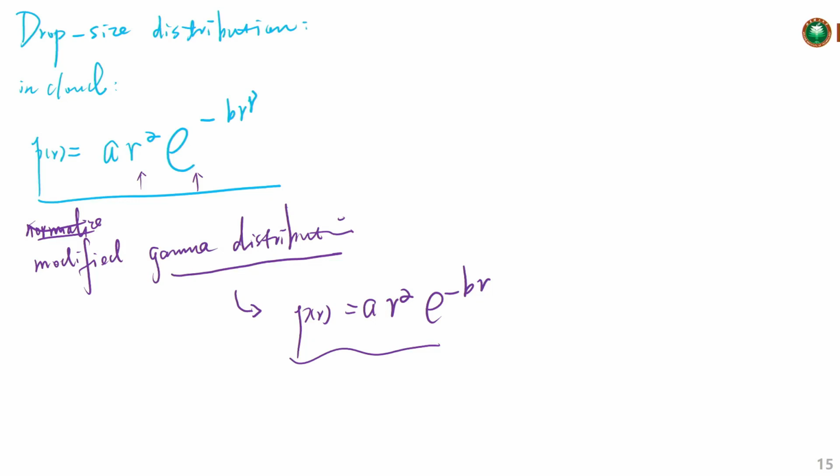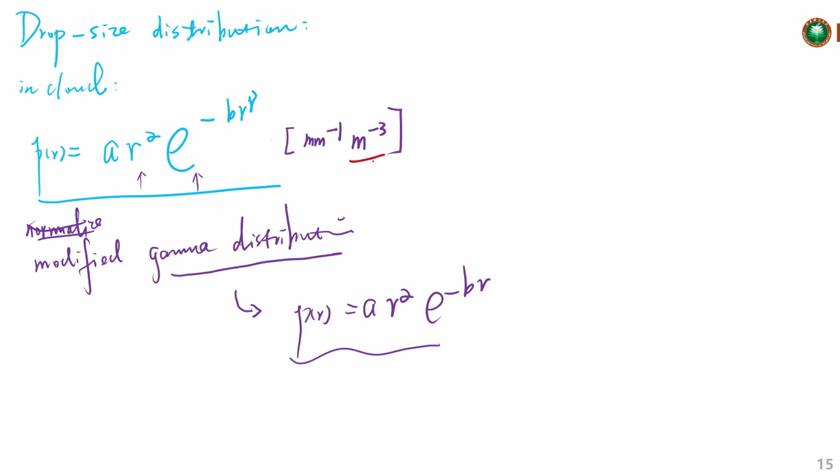So now we have the gamma distribution here. Later we're going to introduce many other distributions, such as the log-normal distribution or the Gaussian distribution, and there are many other specific distributions also. Here we just consider the gamma distribution, and this distribution has a unit of per millimeter per meter cubed. So we look at the unit.